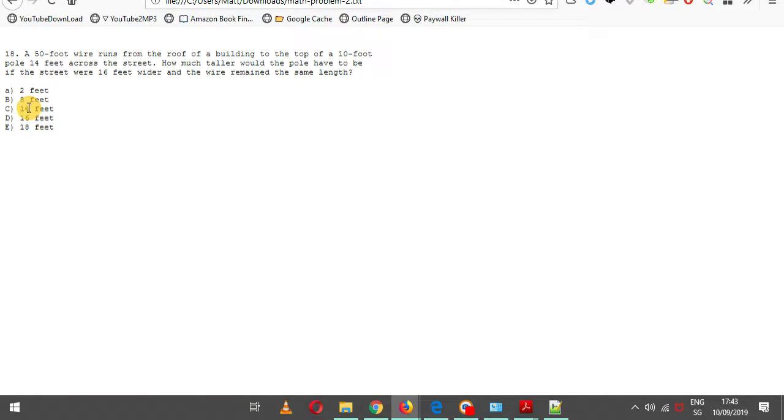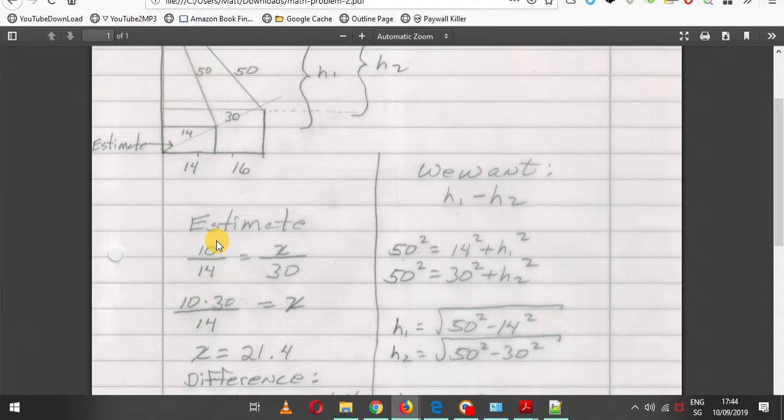Okay, so the correct estimate is most likely B. And we already know the answer is B, but I'm just trying to give you a logical reason why we would go to B, because I use 10. That overestimates the height using this estimate method.